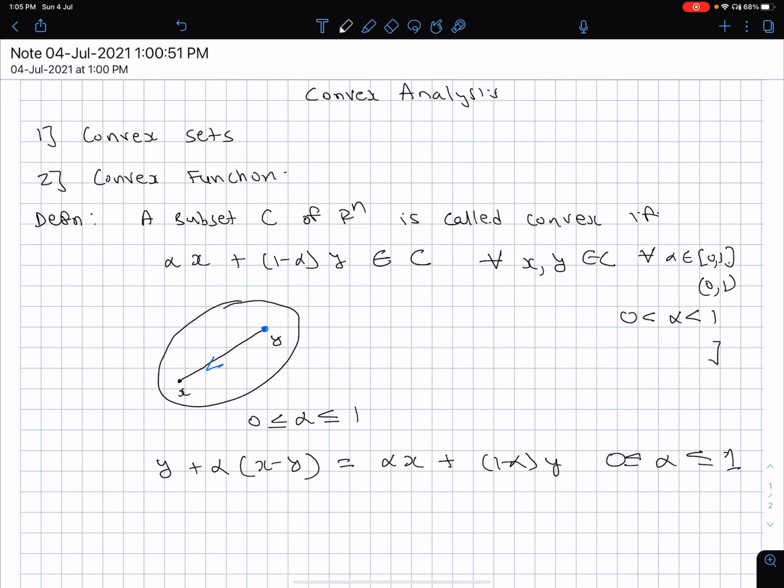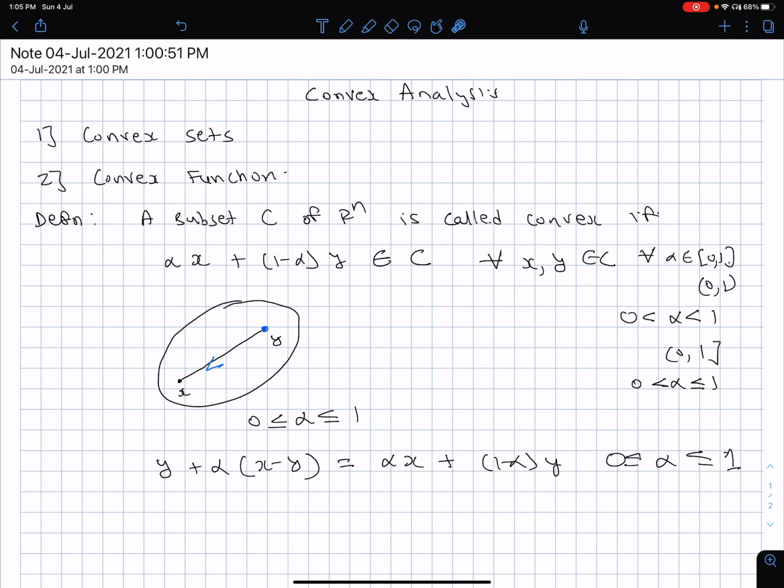If I write open bracket on one side and close bracket on the other side, then this would mean alpha strictly greater than 0 but less than or equal to 1. So which bracket am I using here? I am using the closed bracket, which means that endpoints x and y are also included.